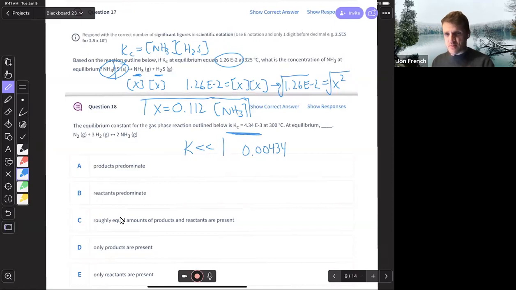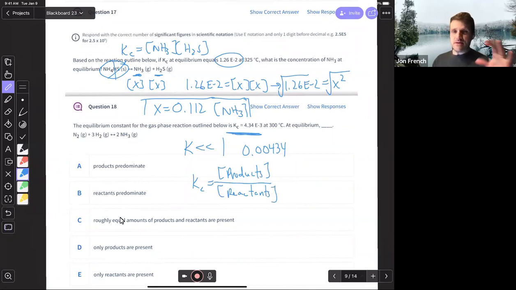All right, I'll answer this one, then we'll jump back to that one. Right, we calculate the equilibrium constant as the concentration of products over the concentration of reactants. So when K is much less than 1, that's a reaction that favors the reactants. Equilibrium falls on the left. So we would say reactants predominate in that reaction because we've got a small value of K.